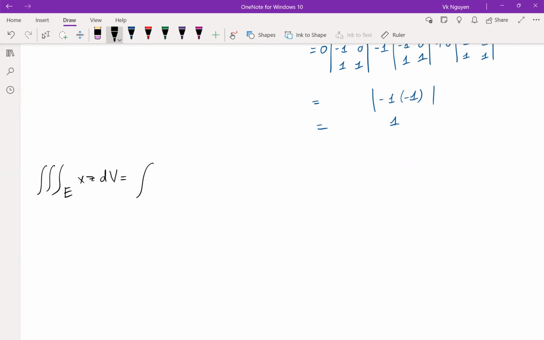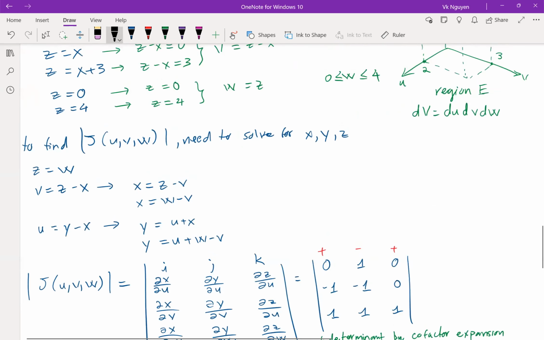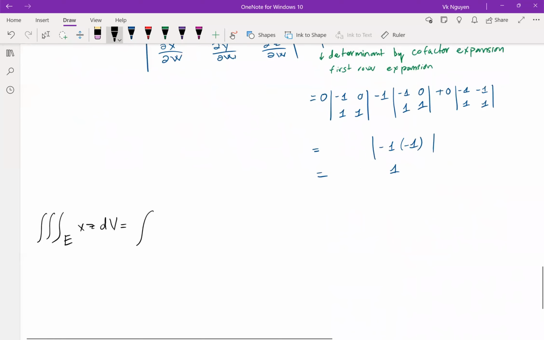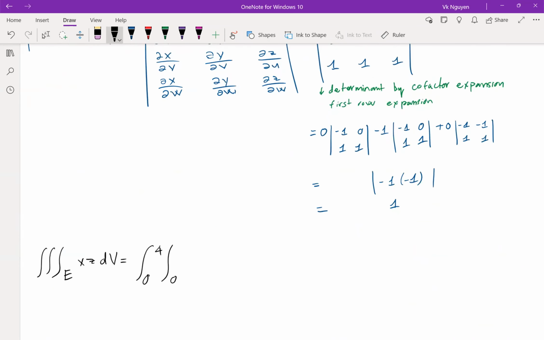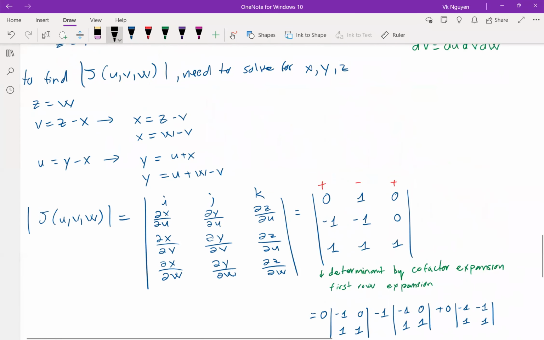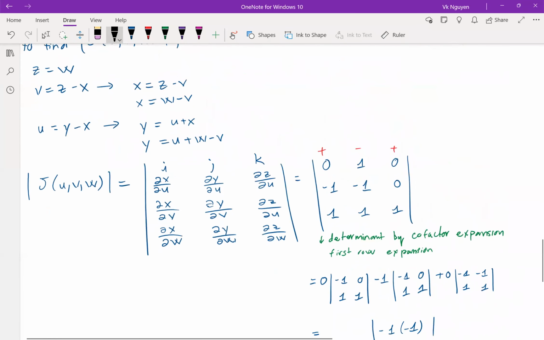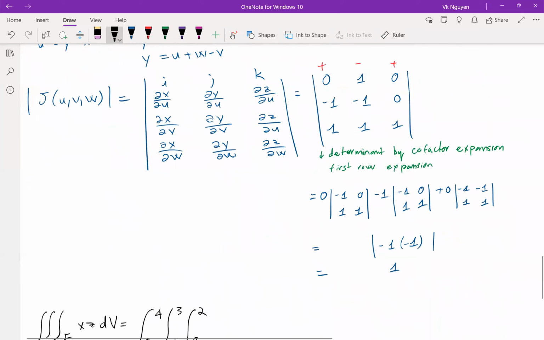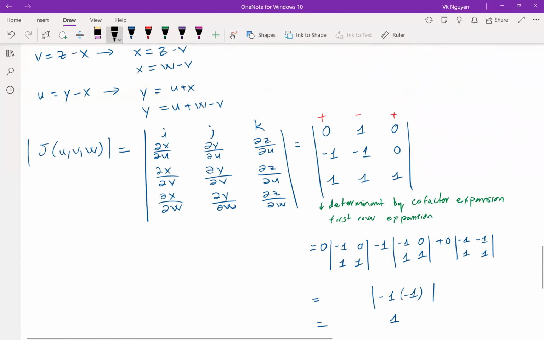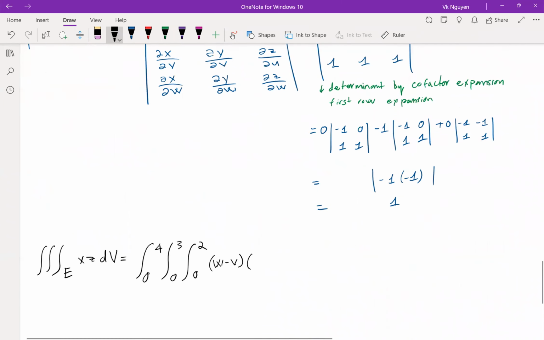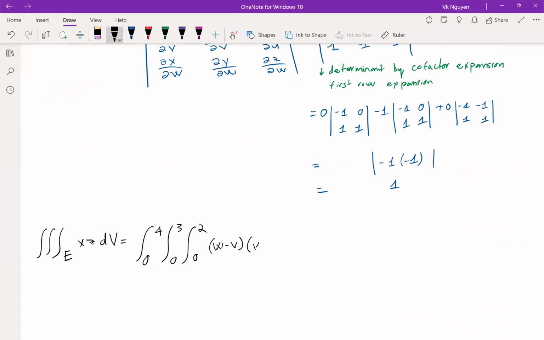Well, because I set it up this way, du, dv, dw, 0 to 4, 0 to 3, 0 to 2. x is w minus v, and then z is w.